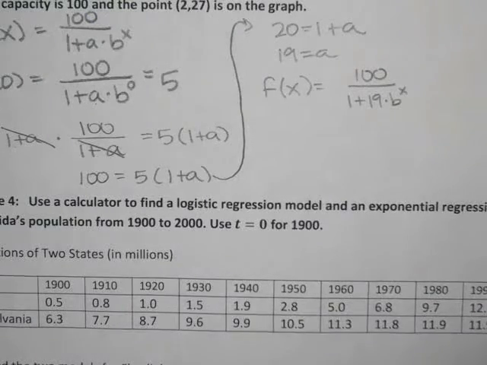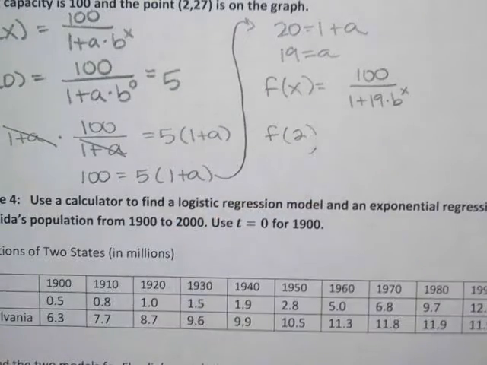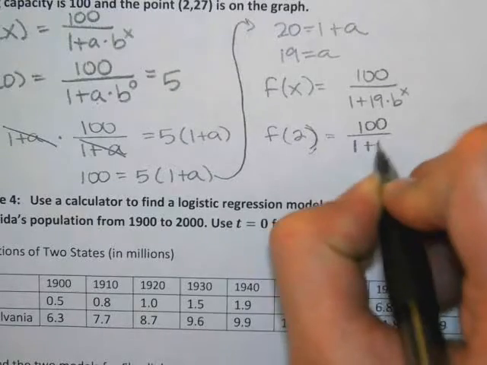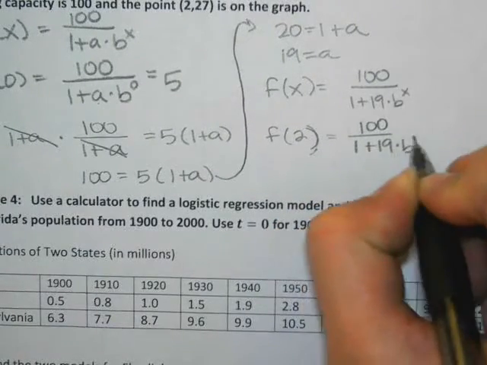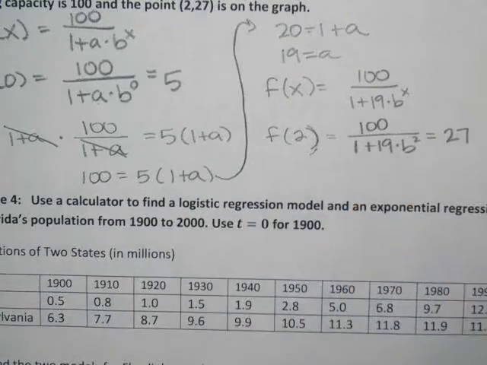So the last thing I'm going to do is say if I plug in 2, 100 over 1 plus 19 times b to the second power. If I plug in 2, I get 27 as an answer.